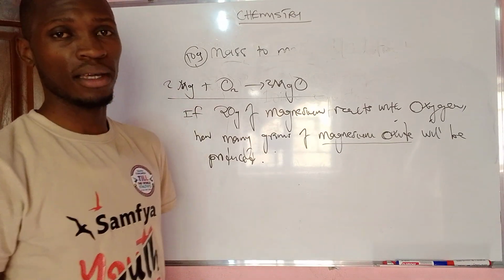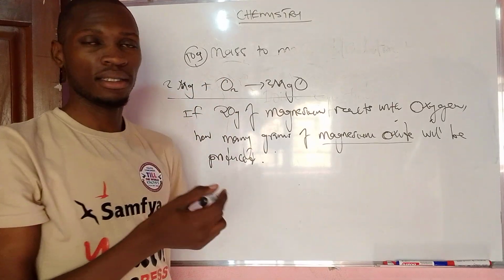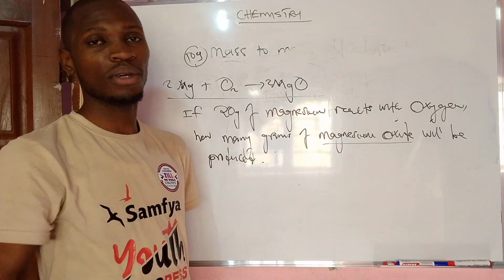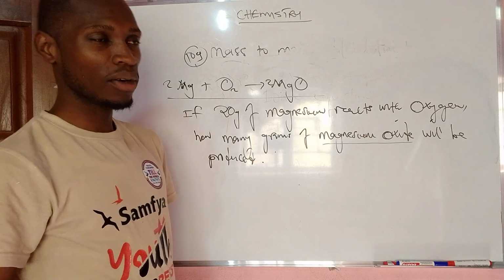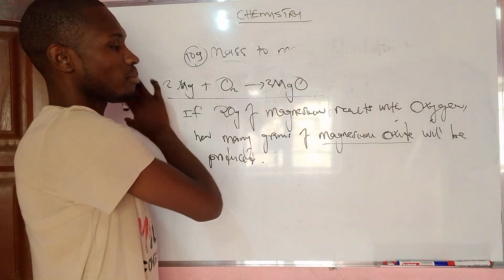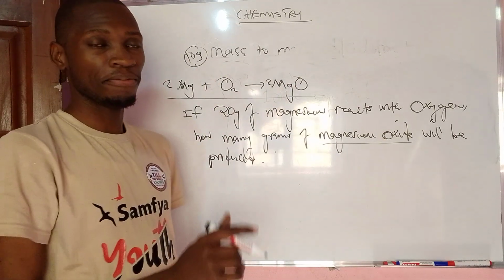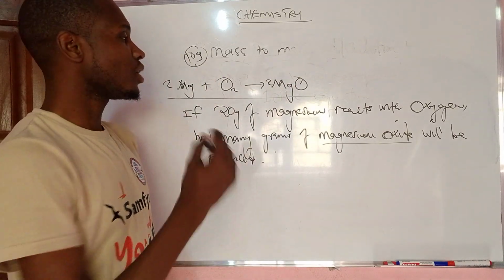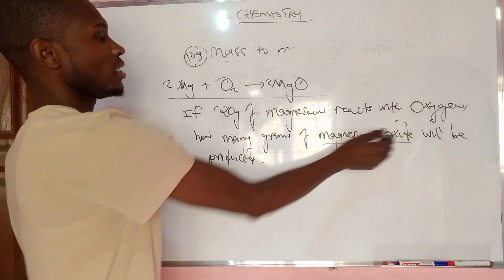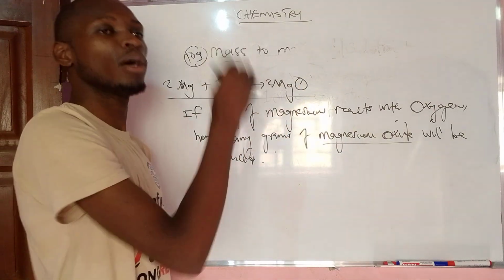So we need to understand that now. Since the equation is already balanced, the first step has been done. The next step is to find two things from the equation. After we get those two things, we equate them, then we calculate. In this case, we're looking for magnesium oxide, so I'm going to get this magnesium oxide because it is the one we're looking for.